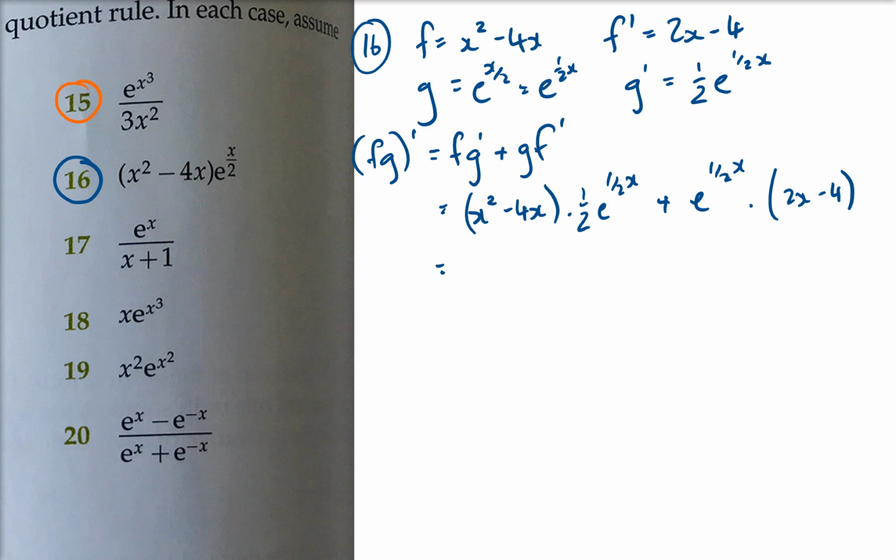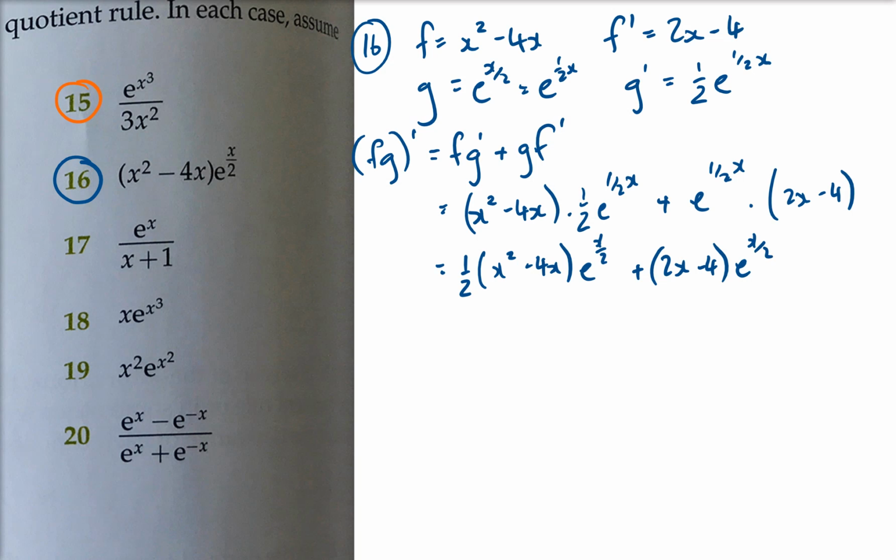Again, let's write that out without the brackets, make it look nice. Change that to be x over 2 now. It's just 2x minus 4, e to the x over 2.